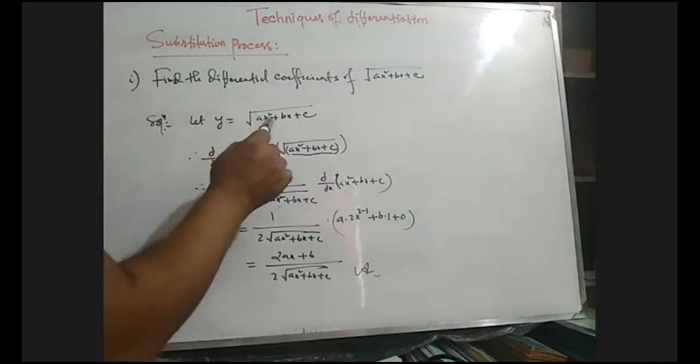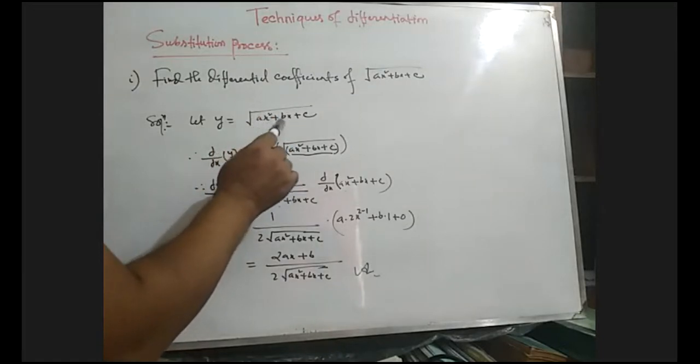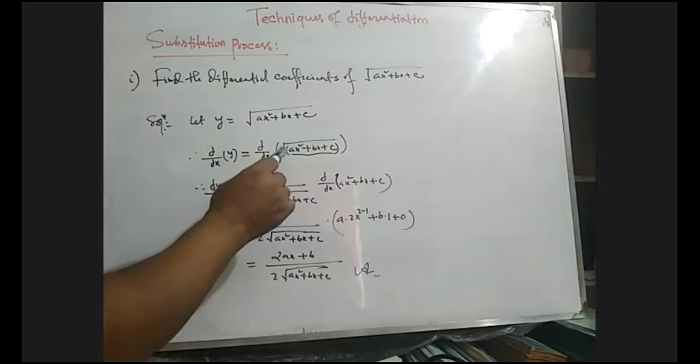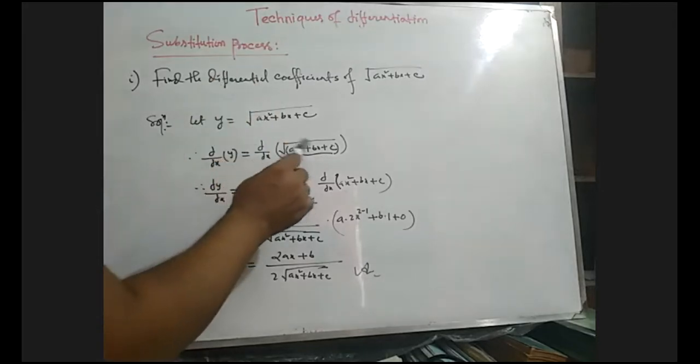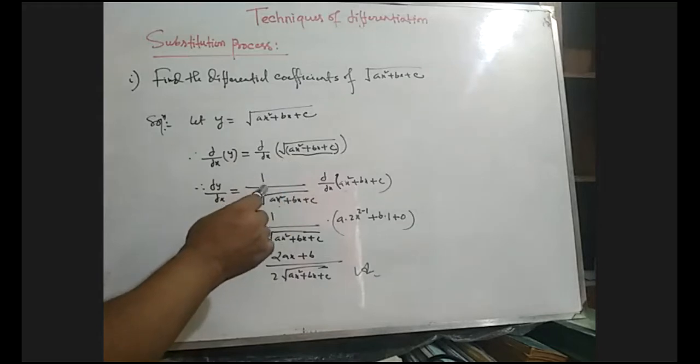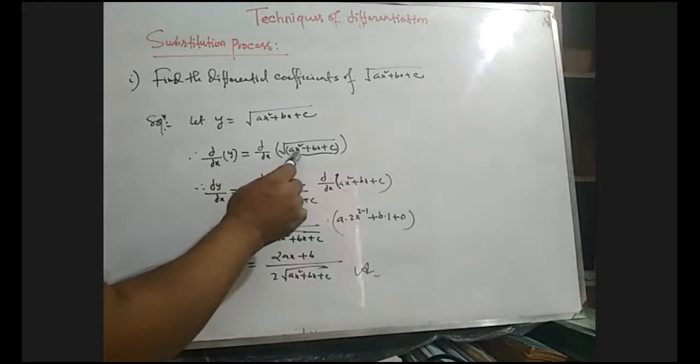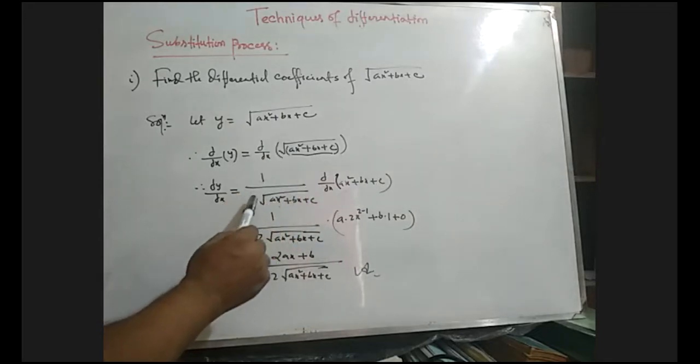So this is the function, root over in function ax square plus bx plus c. Okay, so root over in a function. After d/dx of root over in a function, we must know we can consider this function as x. So root over x formula what? 1 by 2 root over x.